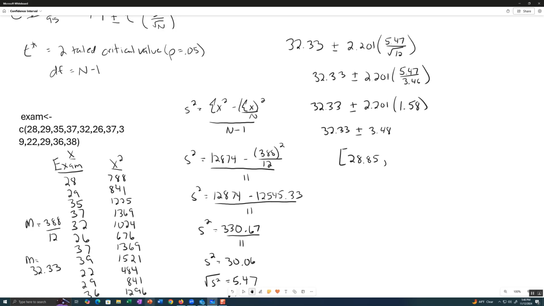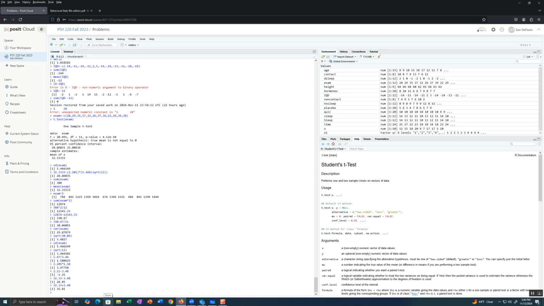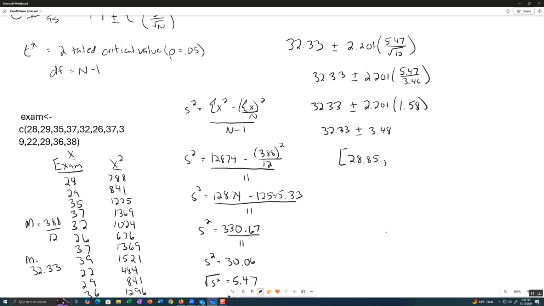And then let's do addition: 32.33 plus 3.48, and we get 35.81. 35.81 right here.